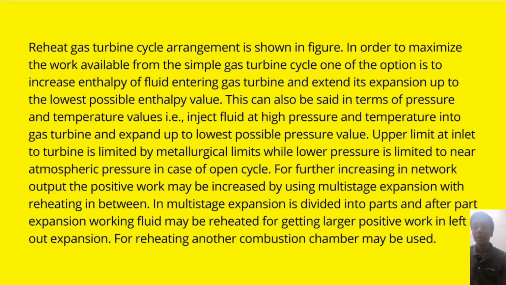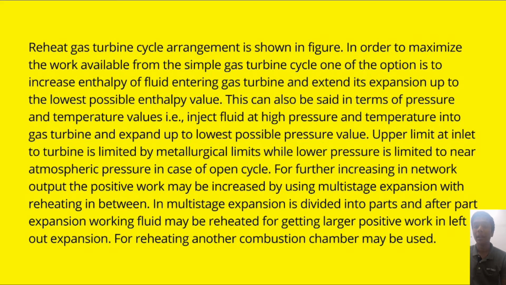In order to maximize the work available from the simple gas turbine cycle, one of the options is to increase the enthalpy of fluid entering the gas turbine and extend its expansion to the lowest possible enthalpy value. This can also be said in terms of pressure and temperature values. As an example, inject fluid at high pressure and temperature into the gas turbine and expand up to the lowest possible pressure value.